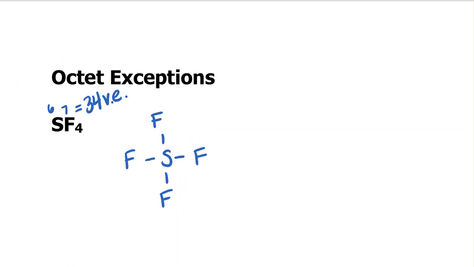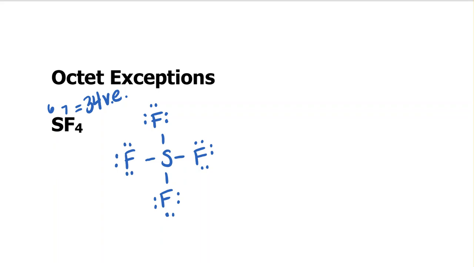Okay, so 34. I'm going to put those electrons on this molecule, starting with the outside. And fluorine is not like hydrogen. Hydrogen was happy with 2. Remember, hydrogen and helium only have 1 energy level, so they're happy with just 2.